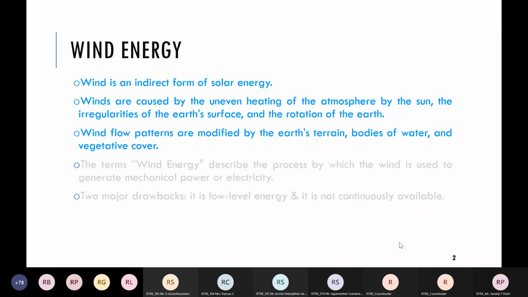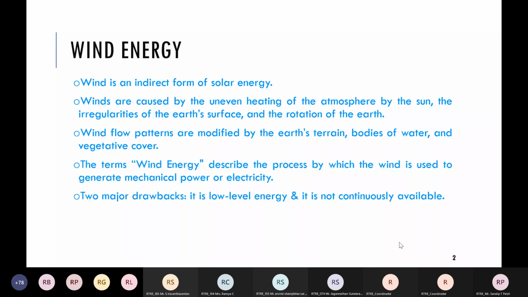Now, wind energy means what? It describes the process by which we generate mechanical power or electricity using the kinetic energy of wind. Now I don't say the drawback, but the limitation of wind energy is that it is a low level energy compared to other energy sources, including solar.